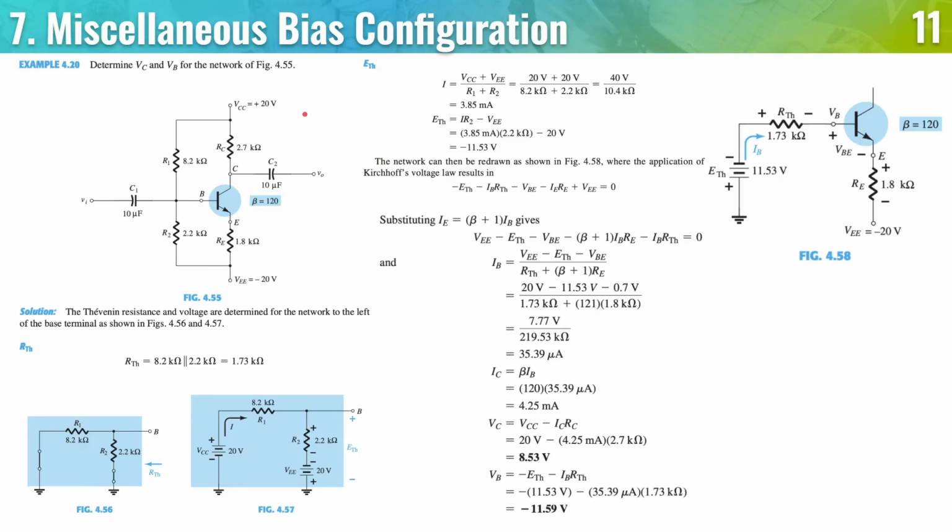So last one, for the one in our lecture that is the most difficult, we have the miscellaneous bias configuration that looks like a voltage divider, except there is a VEE that is negative 20 volts instead of a ground.